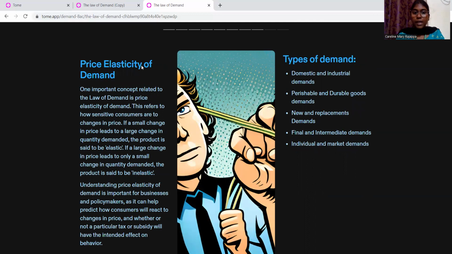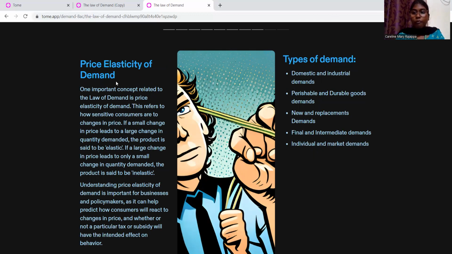Then comes the price elasticity of demand. Price elasticity explains that a small change in price leading to a large change in quantity demanded means the product is said to be elastic. Seeing it the other way, if a large change in price leads to a small change in quantity demanded, then the product is said to be inelastic.